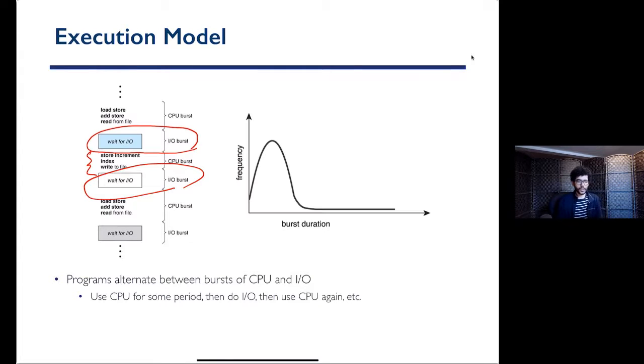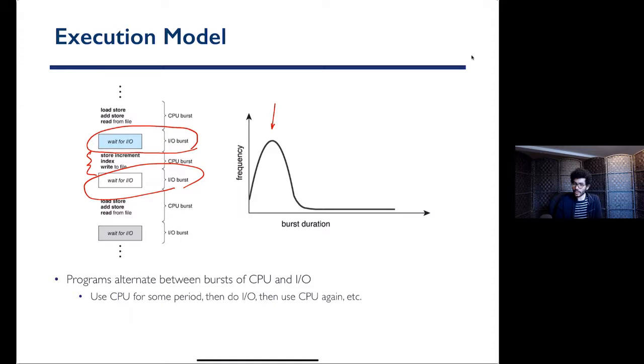If you look at the frequency of certain CPU bursts, it's usually the case that most of the tasks, most of the threads, most of the jobs in our system have very short CPU bursts.